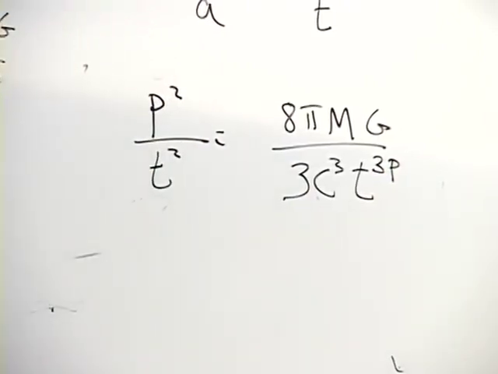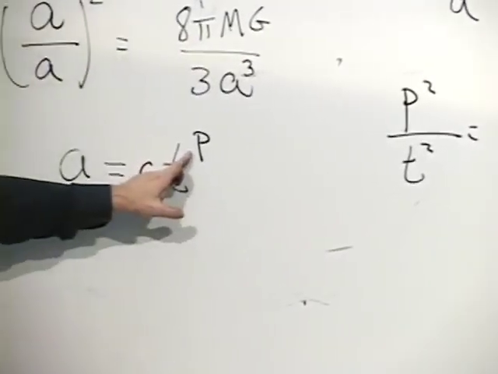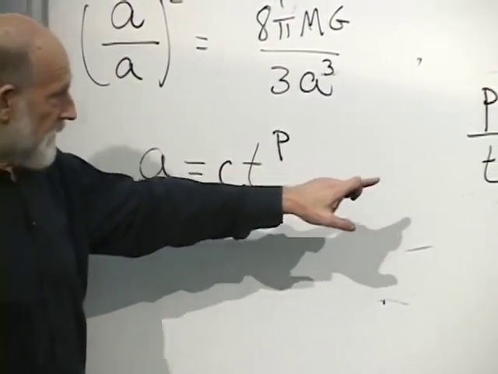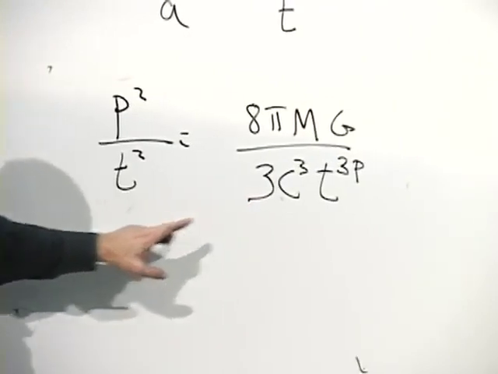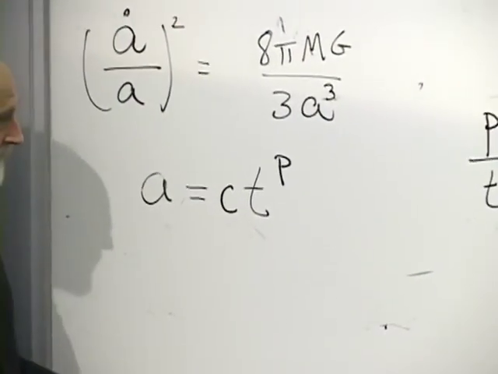All right, I've just cubed A. A is C times T to the P, so A cubed is C cubed T to the 3P.